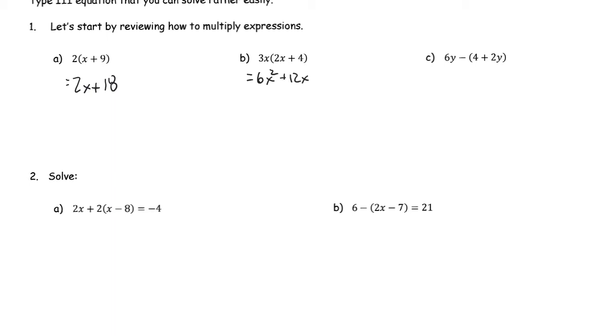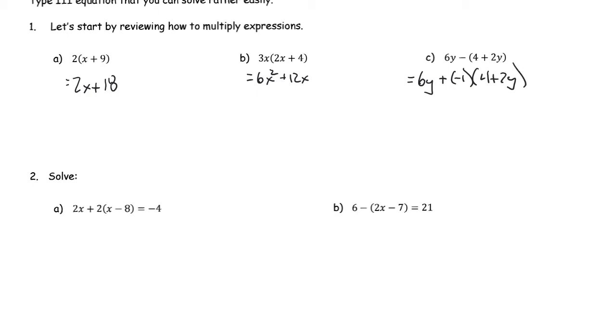Now, over here, the 6y is not being multiplied by those terms in that binomial, and I hope you see that. Another way I could write this, particularly if I treat that subtraction as adding a negative, could be written as 6y plus -1 multiplied by 4 plus 2y.